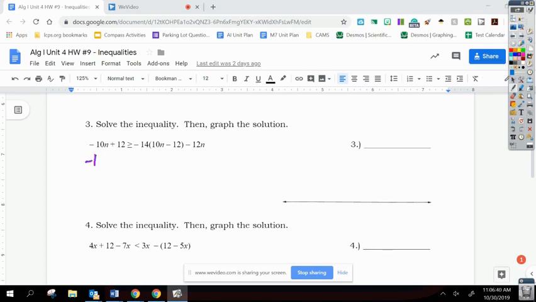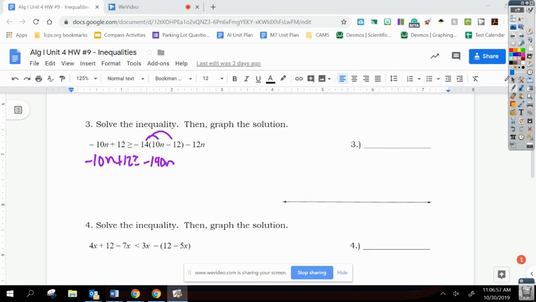Left-hand side, nothing to do. Negative 10n plus 12 is greater than or equal to. Right-hand side, we have to distribute. Distributing negative 14. Remember, it's a negative. Don't forget there's a negative right there. Negative 14 times 10n is negative 140n.